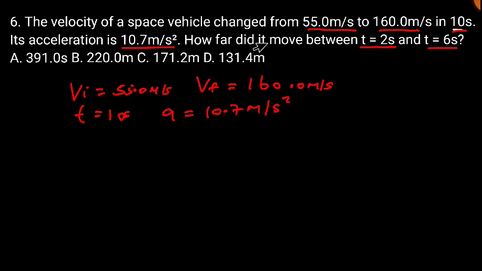Now we're asked to find how far it moved between when t equals 2 seconds and when t equals 6 seconds. So we're going to find the displacement when t equals 2 seconds and the displacement when t equals 6 seconds, and then subtract. So let's start with this displacement formula. We have that s is equal to initial velocity times t plus half a t squared.